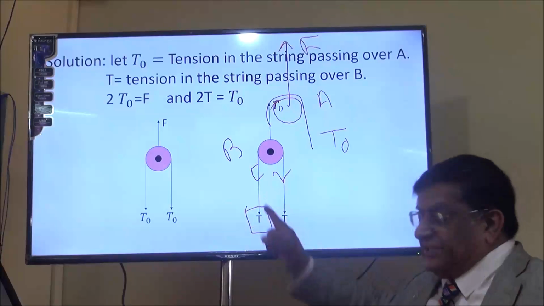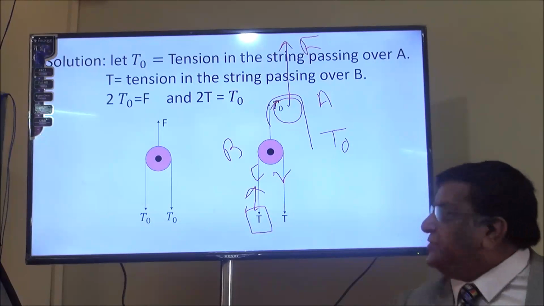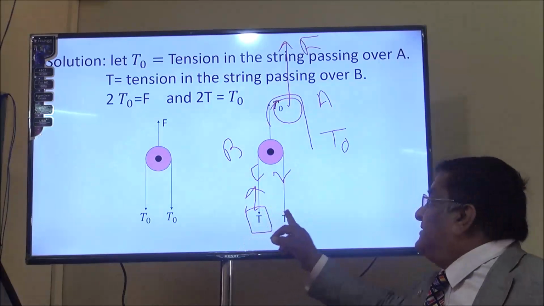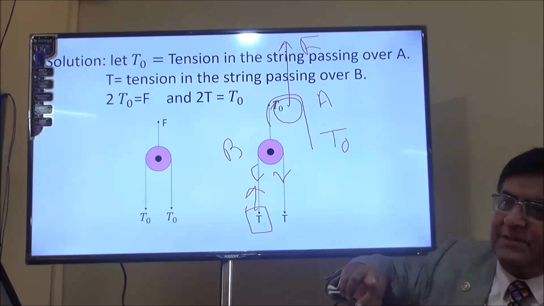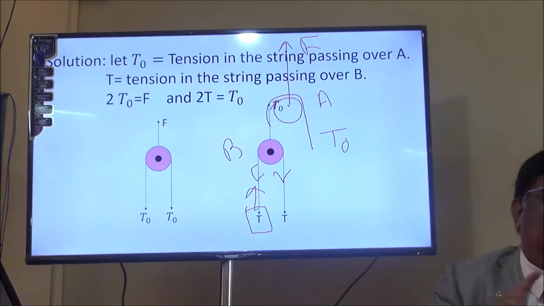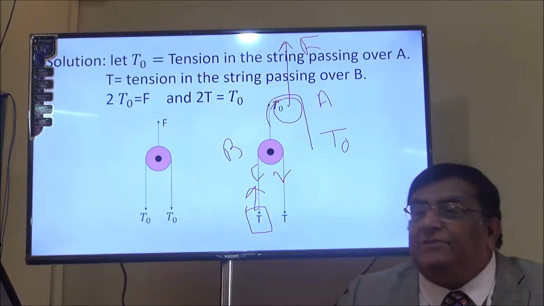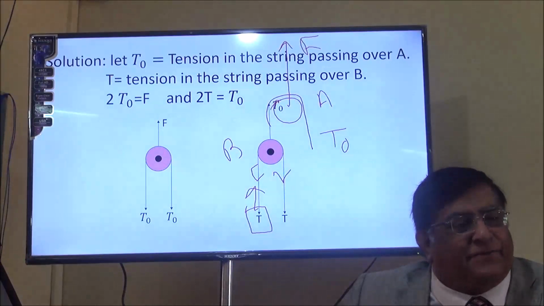The tension at this point, which is acting upward, should be larger than the weight of the mass. But what we have found is that the tension is less than both the masses. That means what will happen? It is not able to lift any of the masses.